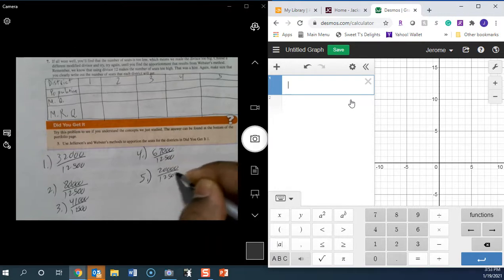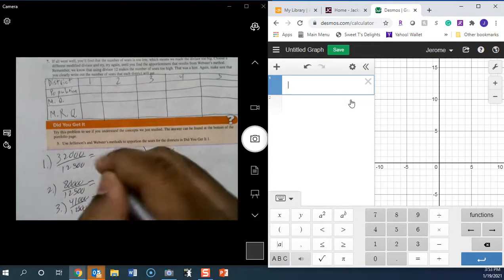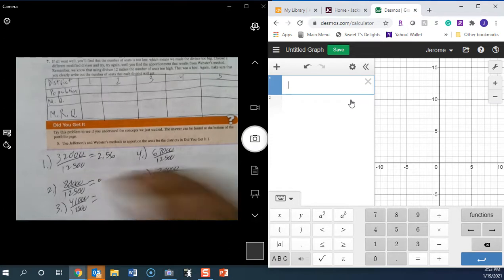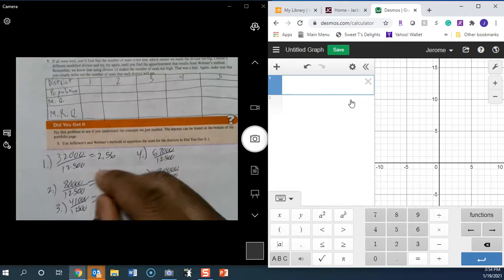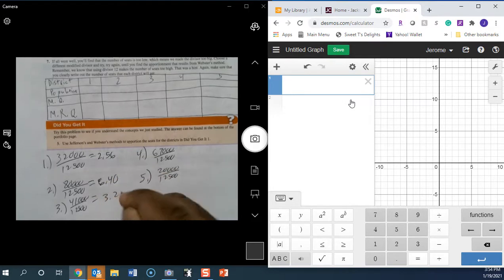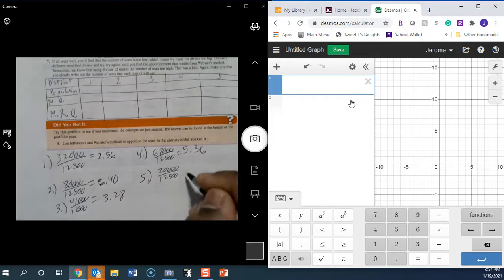divided by 12,500. Okay, so now when we put this in our calculator, it gives us 2.56, 6.40, 3.28, 5.36, and 1.60.